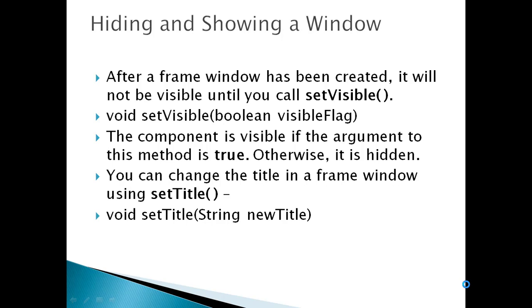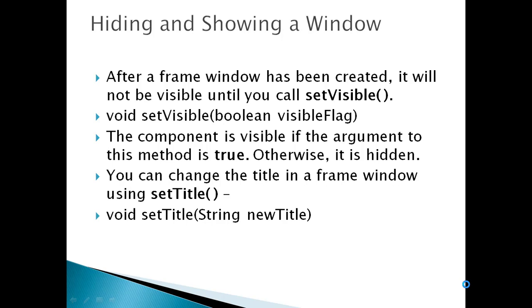After a frame window has been created, it will not be visible until we call the setVisible method. The syntax is void setVisible(boolean visibleFlag), and the visible flag values are true and false.